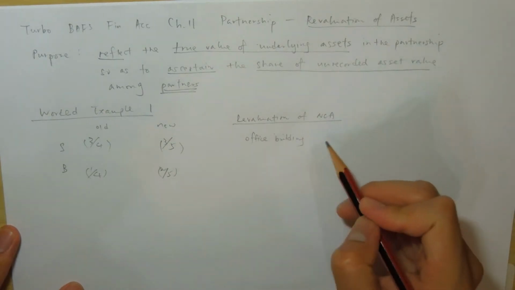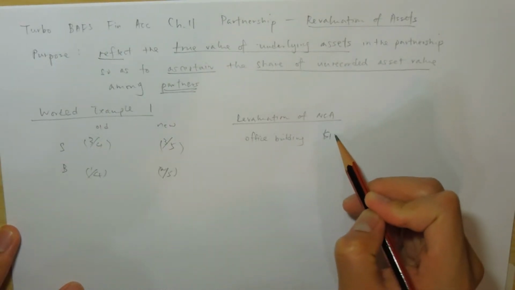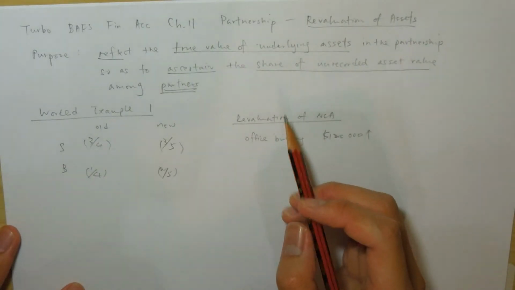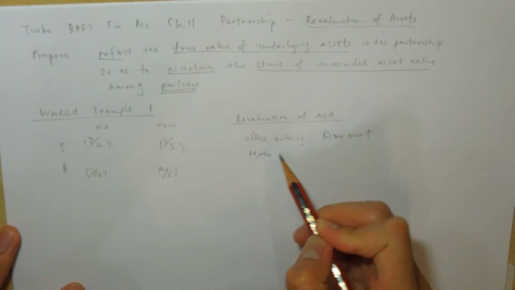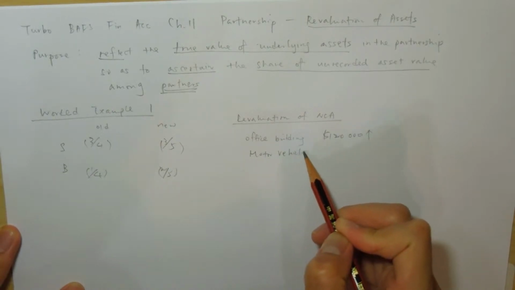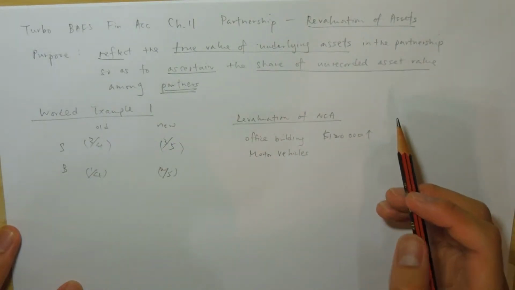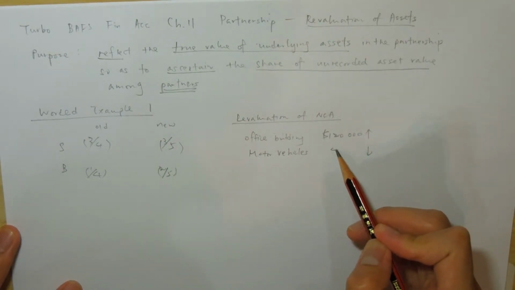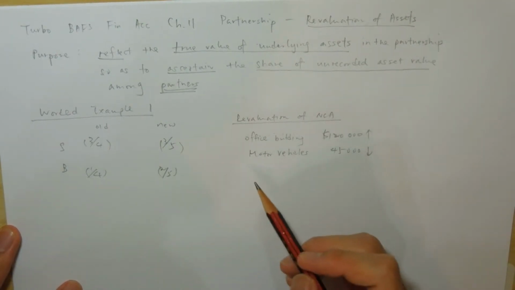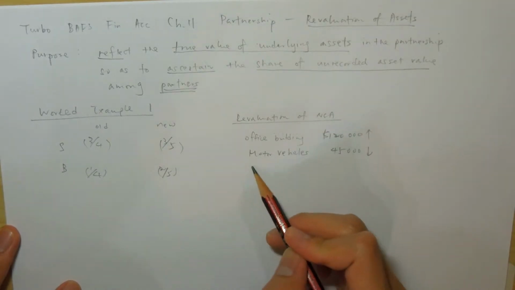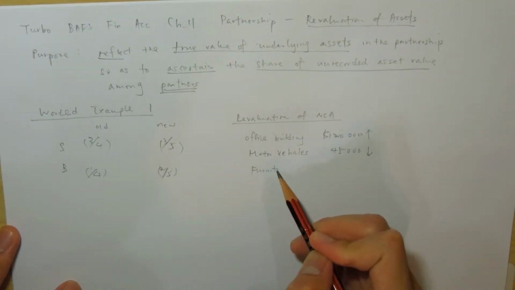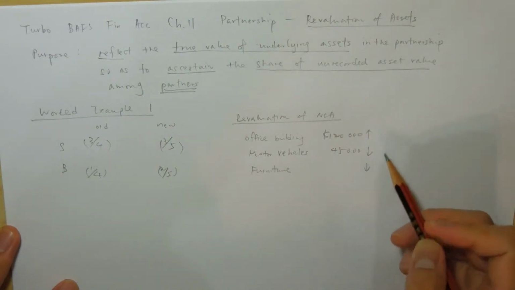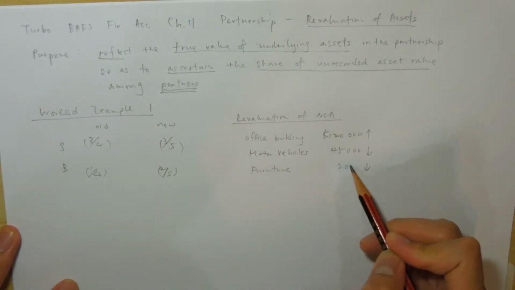Undervalued, therefore you need to increase the value, right? And then the next one, the motor vehicles. This is overvalued, that means we need to decrease the value. And the last one is the furniture and fitting. Overvalued, that means we need to decrease the value by 2,000.